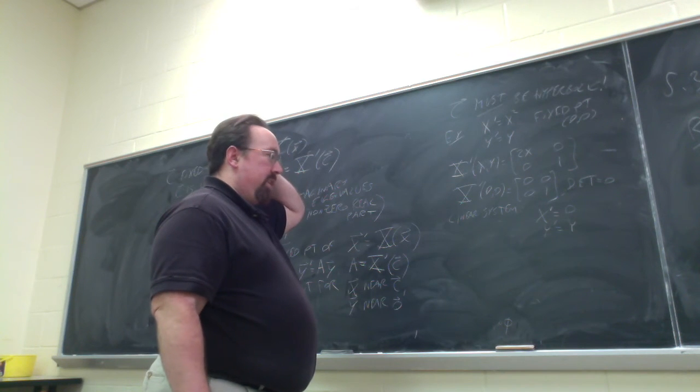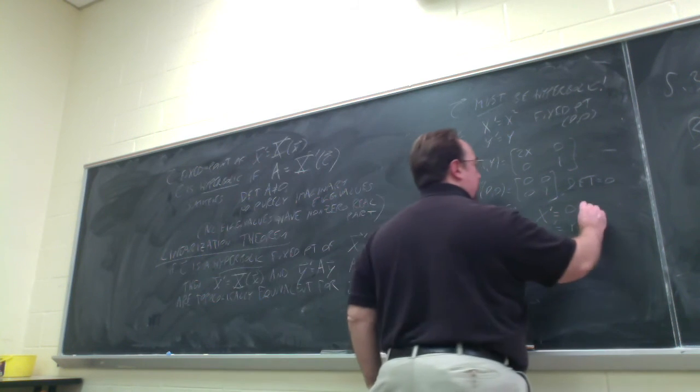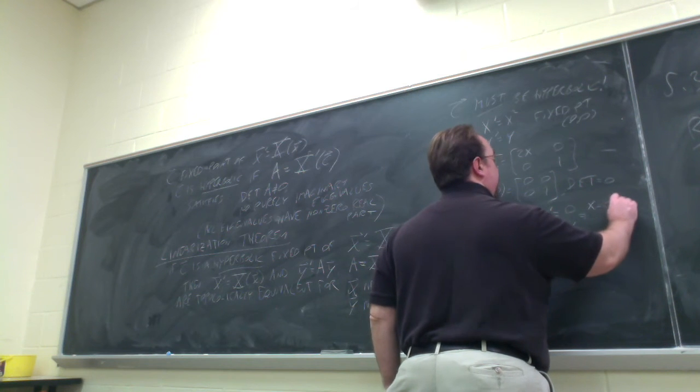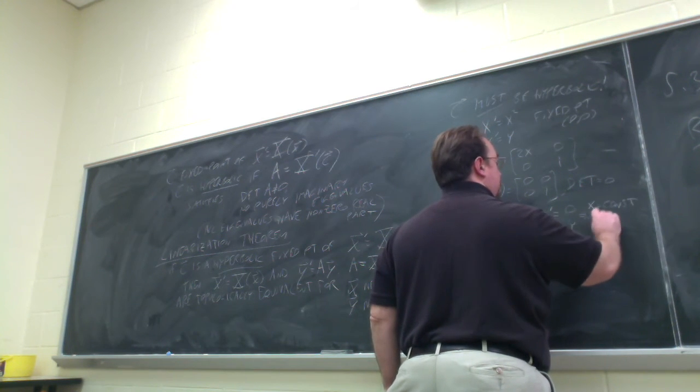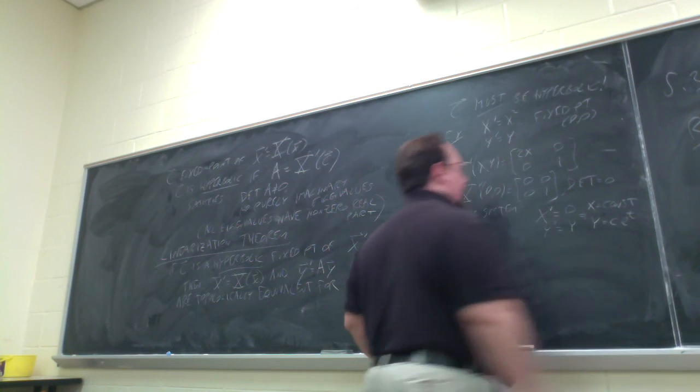This is something that you can solve explicitly. So x is equal to an arbitrary constant, and y is equal to a constant times e to the t.